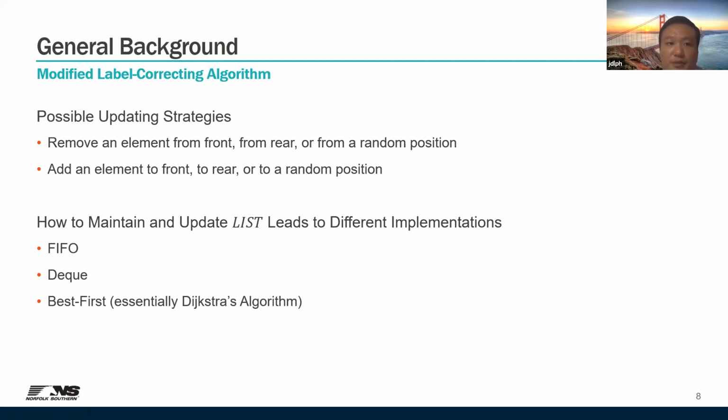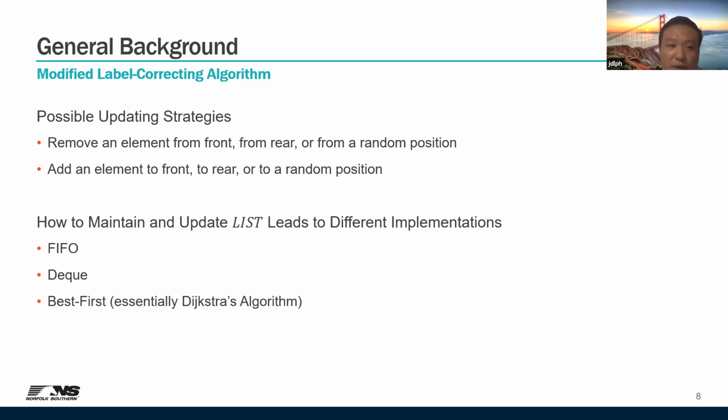You can remove a node from the front, from the end, or from anywhere in between, and you can add it to the front, to the end, or to a random position. In fact, how to maintain and update this scan eligible list leads to different implementations of the modified label correcting algorithm.